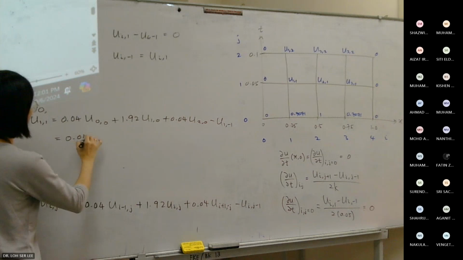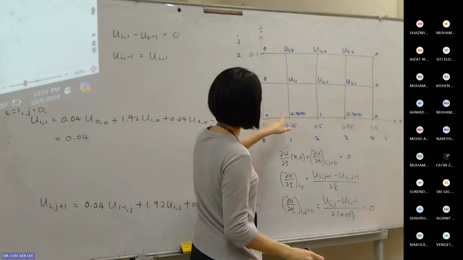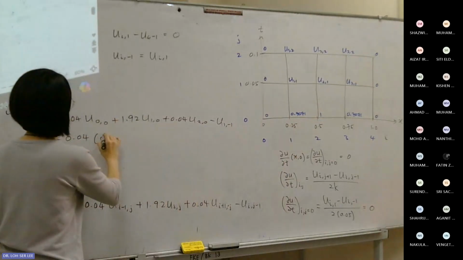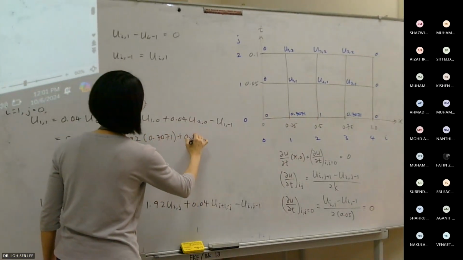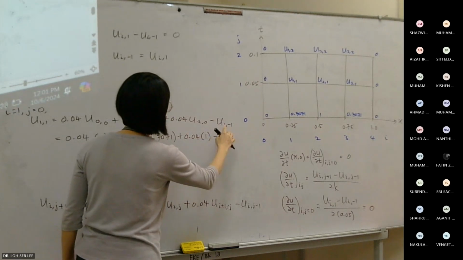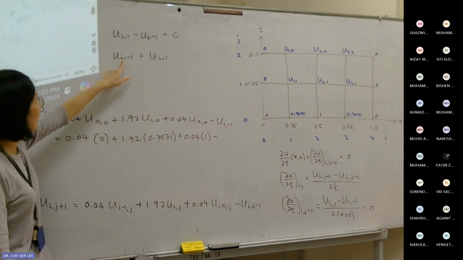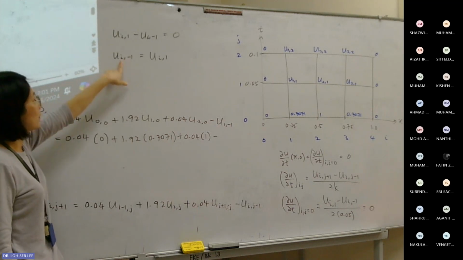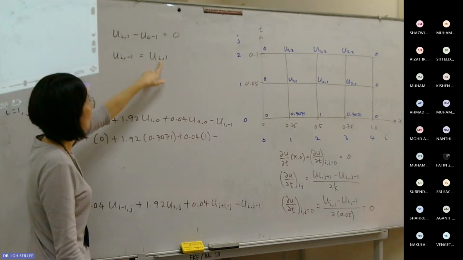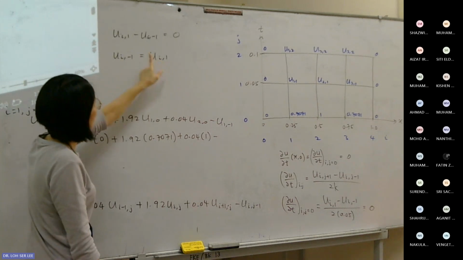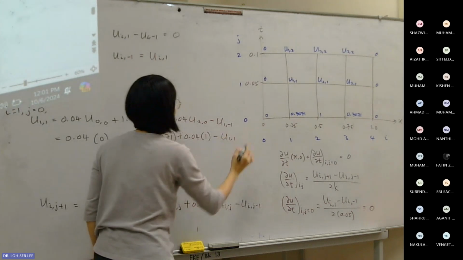Right, you know what the points are? Get this one. These are the 3 values. 0, minus U1 negative 1. Okay, you have to find the U1 negative 1. That means I is 1. When I is 1, this is equal to U11.